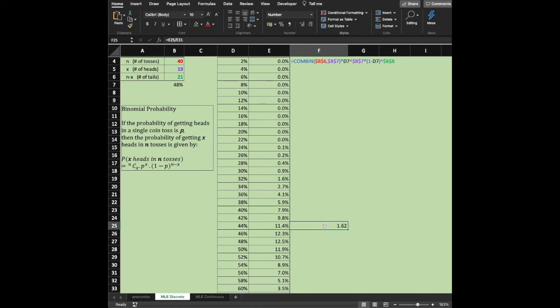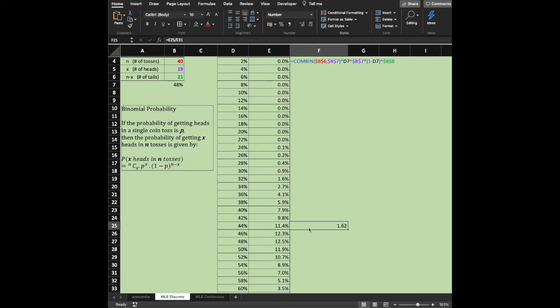Now I can make a statement like, given the data, that is 19 heads out of 40 tosses, it is 1.62 times more likely that the probability of heads for this coin is 44% than the probability of heads for this coin being 56%. I cannot make such a statement or a deduction if I use the division method to find out the probability of heads for this coin. And statements like this are used in Bayesian statistics where the probabilities need to be updated in the presence of given data.